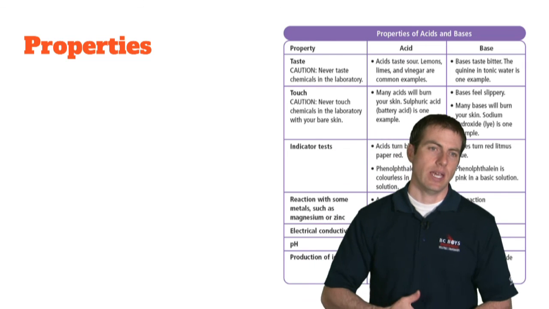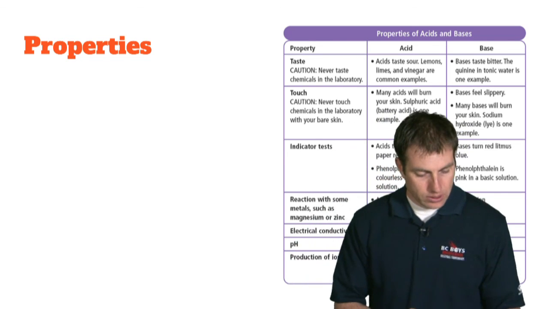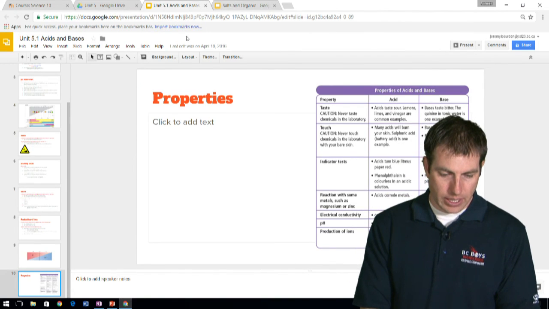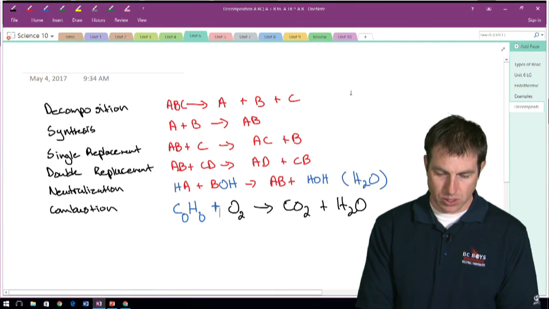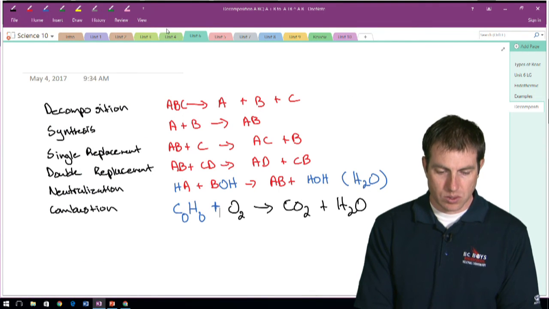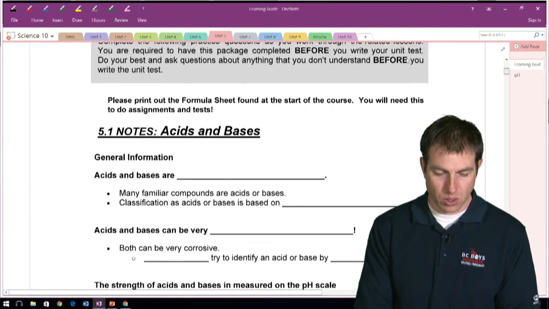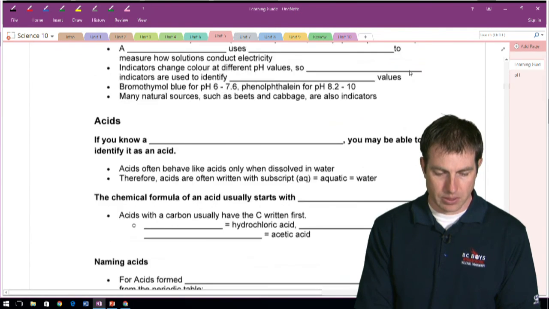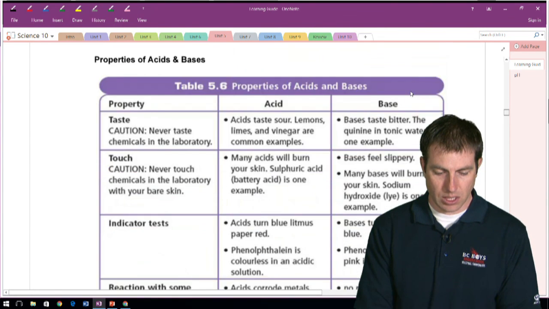What time is it? It's 10:20. So let's take a peek at the learning guide and see what's there in terms of questions on acids and bases. This is the Unit 5 learning guide. We've gone through the acids and bases notes. There wasn't a ton of stuff there. We looked at the table. You guys have the table.